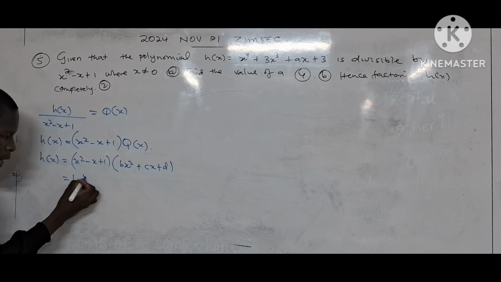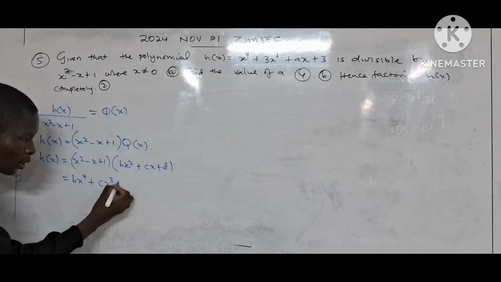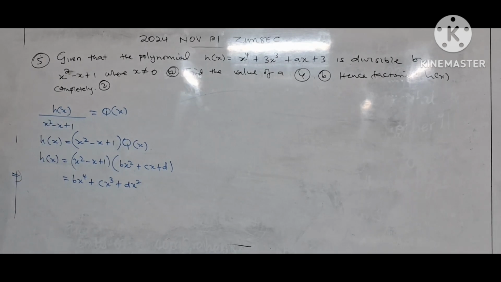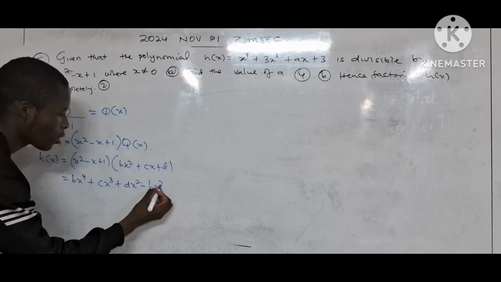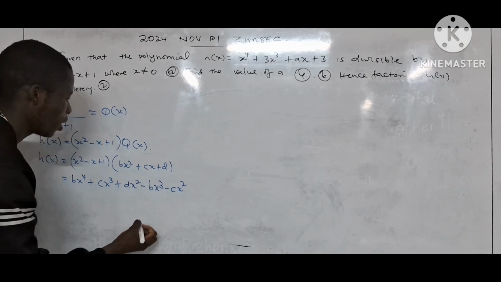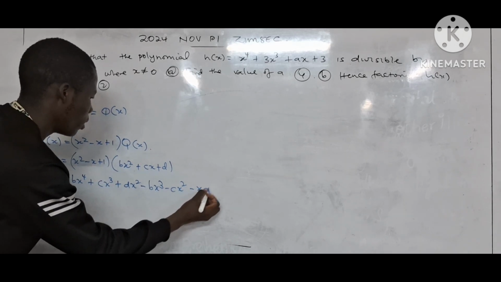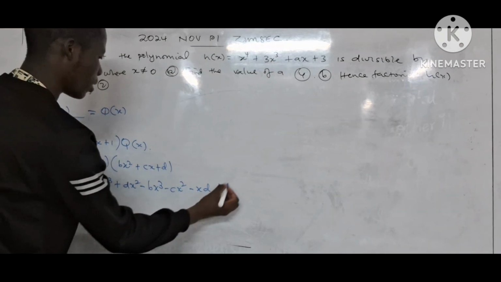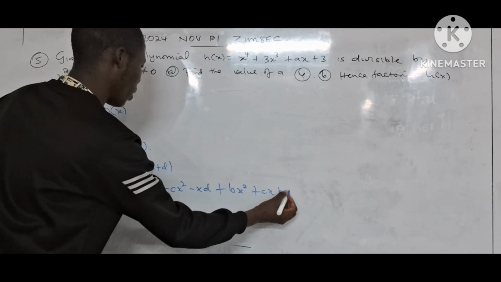This is bx to the power 4 plus cx to the power 3 plus dx squared. This is minus bx cubed, this is minus cx squared, this is negative xd. Here 1 into this, so this is plus bx squared plus cx plus d.